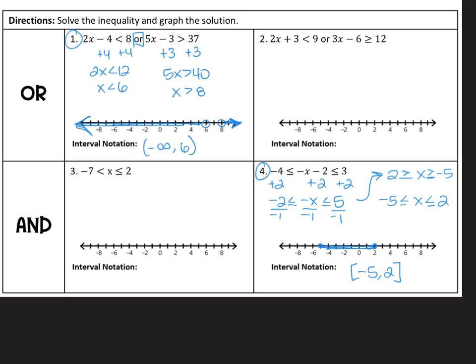And this second interval is 8 to +infinity. And again, you join those two intervals with a big U for union. All right, so now pause the video and try 2 and 3 on your own.